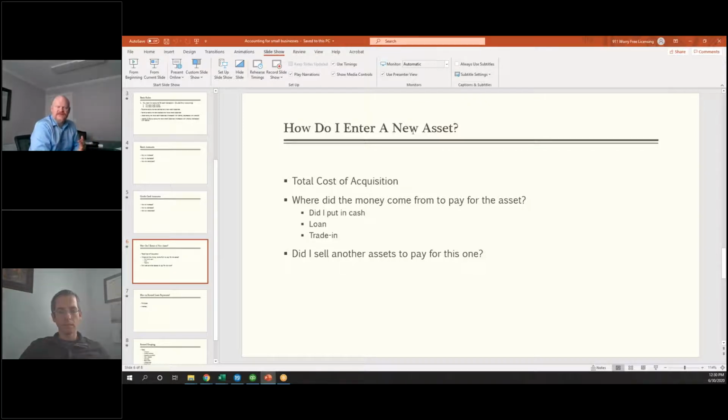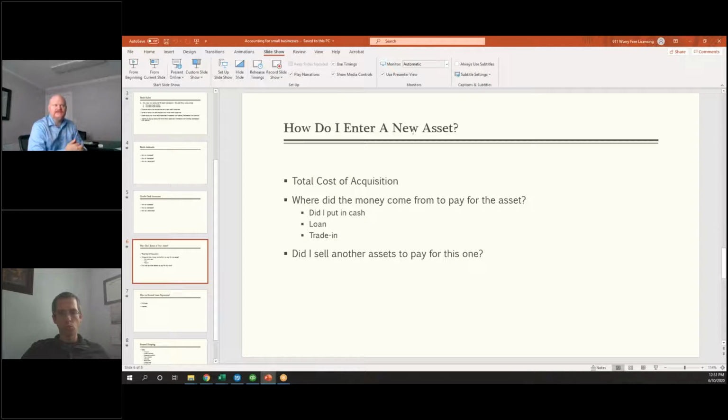So the cost of the truck, or whatever the asset is, the sales tax, and any amounts I spent to get it in working order, have it delivered, or software installed, all go into the total cost of the acquisition.